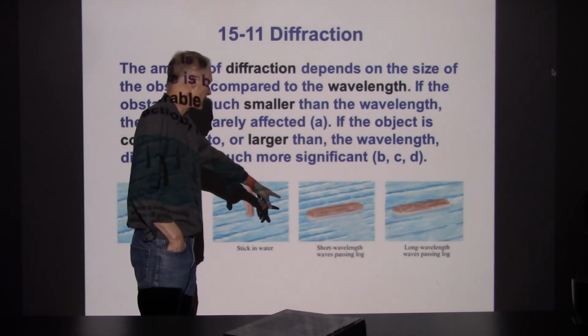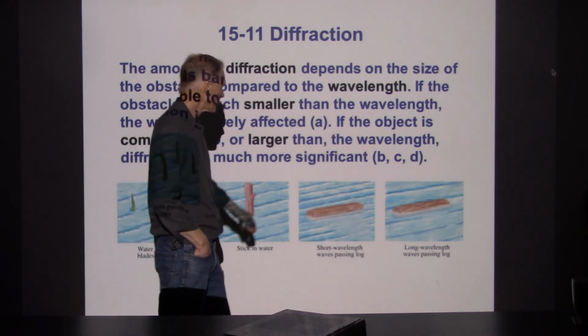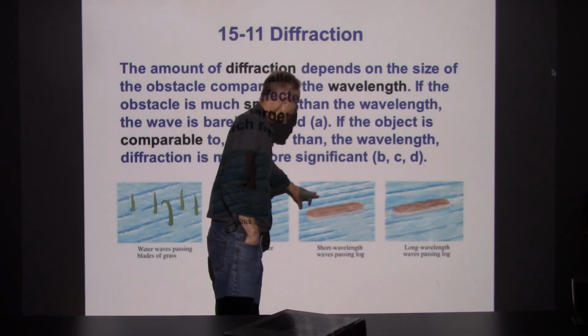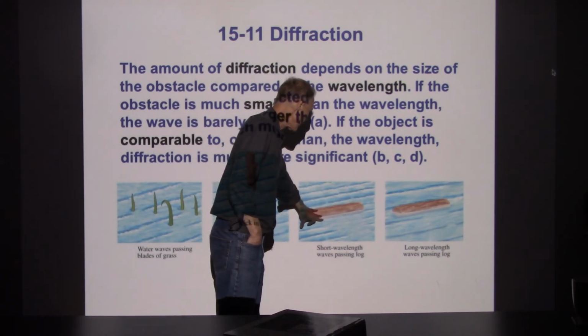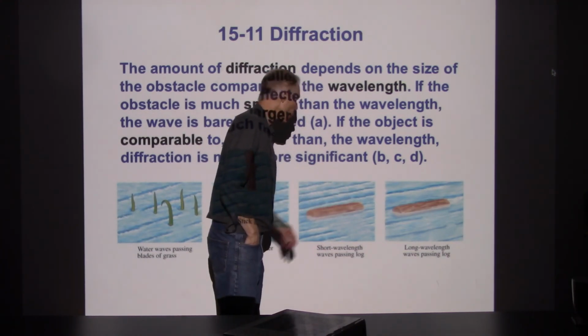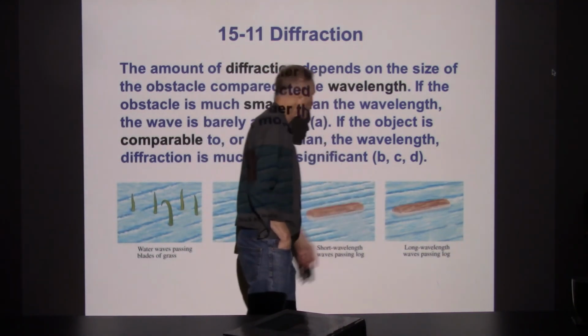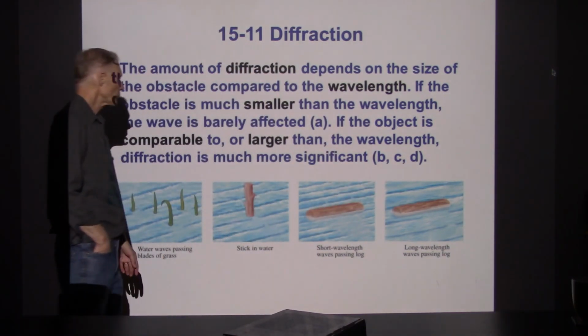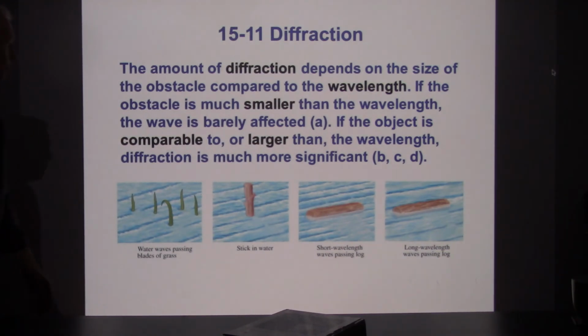Short wavelengths are passing by this log that's floating in the water, and then we have some longer wavelengths. And when you have these different effects, you're going to have different diffraction shadows that show up.